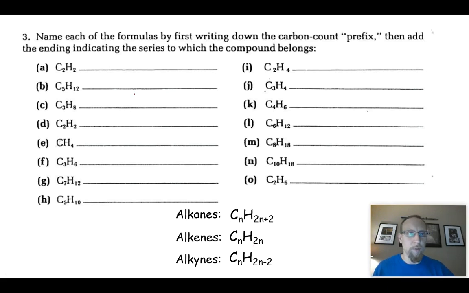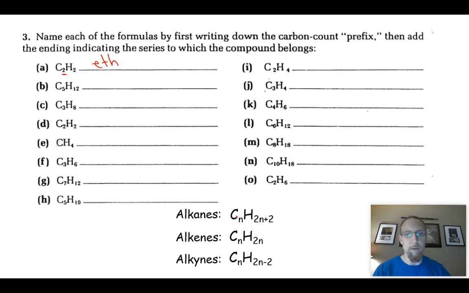So, all right, let's look at the first one, C2H2. So the prefix is easy, 2 carbons. So we look on table P and see that our prefix is eth, right? But now, is it an alkane, an alkene, or an alkyne? So realize what your N is, right? C2, your N is 2.